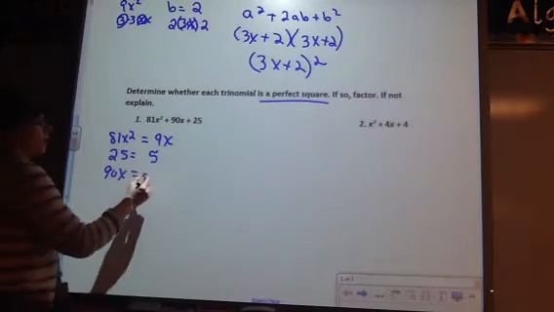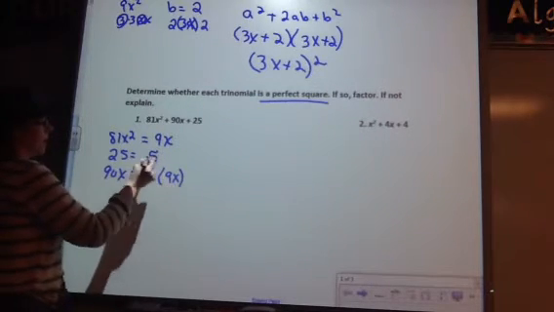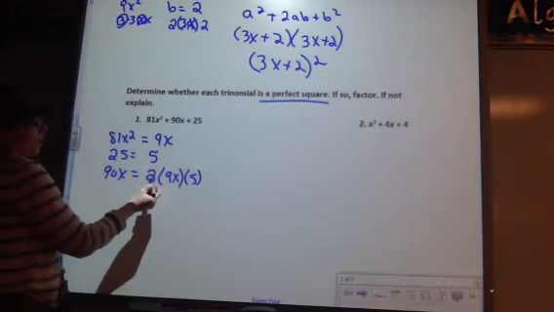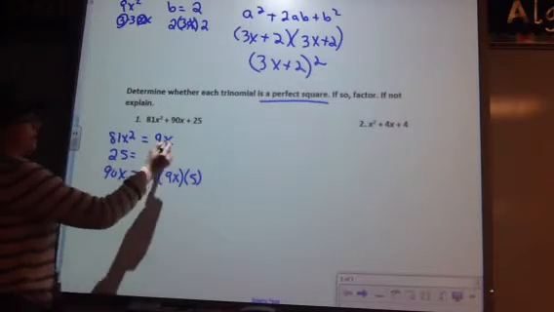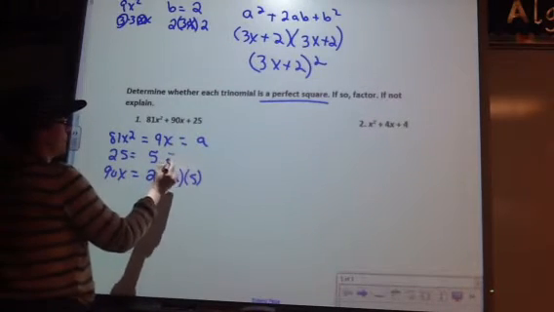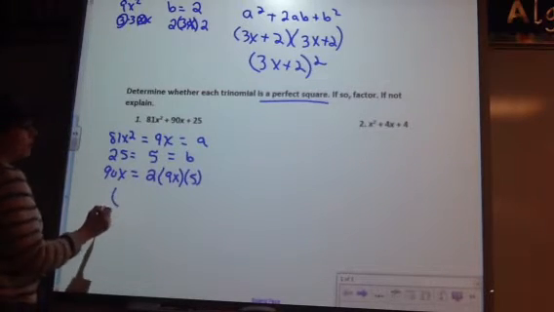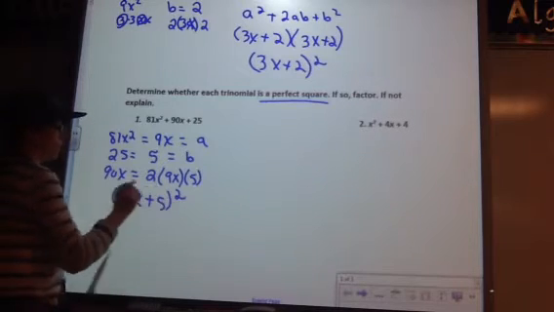We need that to equal 2 times a times b. Well, 2 times 5 is 10. 10 times 9 is 90, 90x. So here's our a, and here's our b. So my answer is going to be 9x plus 5 squared.